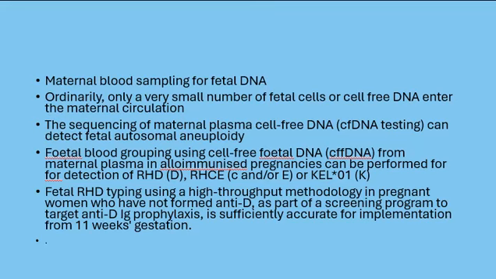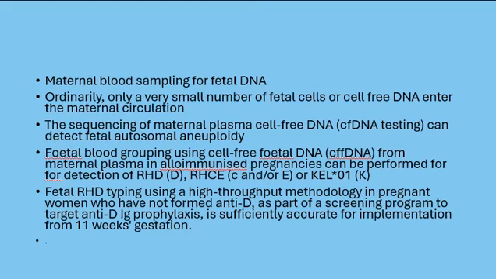Fetal blood grouping using cfDNA from maternal plasma in alloimmunized pregnancies can be performed for detection of RHD (D), RHCE (C/c or E), or Kel*01 (K). Fetal RHD typing using a high-throughput methodology in pregnant women who have not formed anti-D, as part of a screening program to target anti-D prophylaxis, is sufficiently accurate for implementation from 11 weeks gestation.